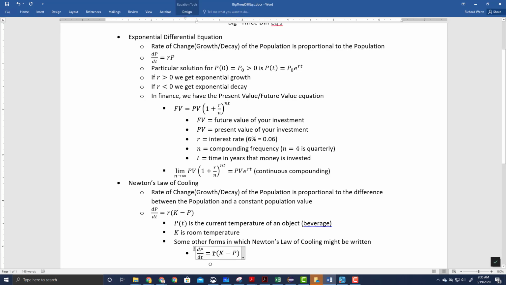They'll have the P and the K switched up, and they'll have a negative sign. Like that. Sometimes you'll also see it written like this.